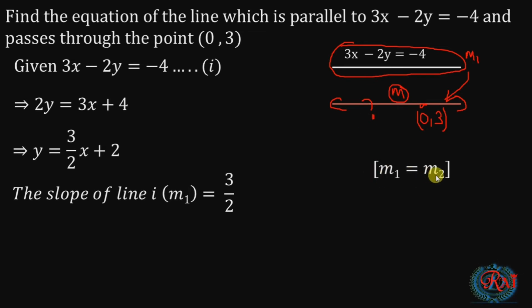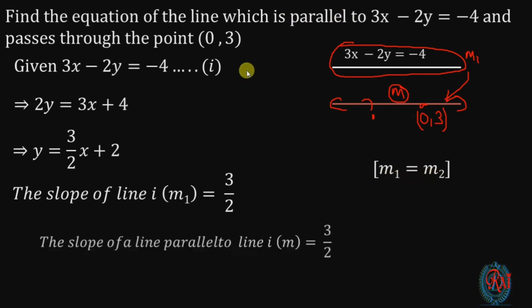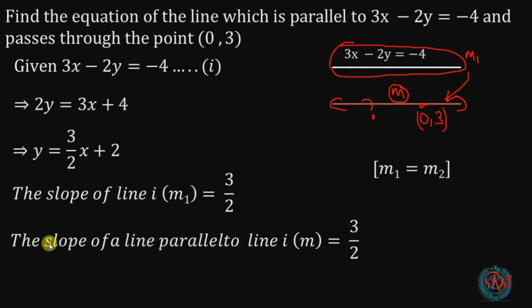Why? Because these two lines are parallel to each other, their slopes are equal. m1 is equal to m2. Why is m1 equal to m2? Because our given lines are parallel to each other. Therefore, the slope of this line parallel to our given line is also equal to 3 by 2.